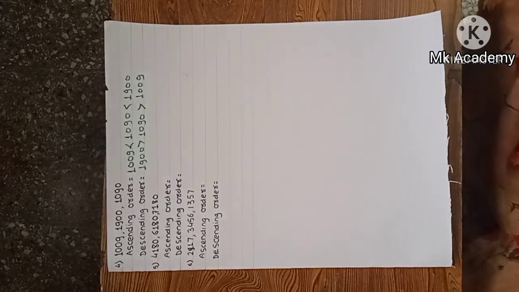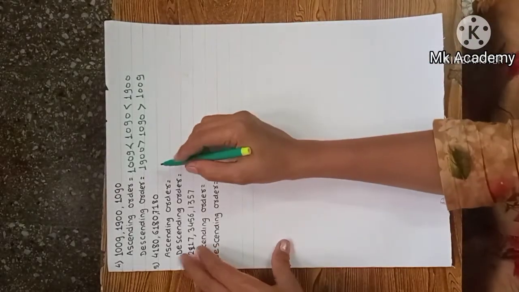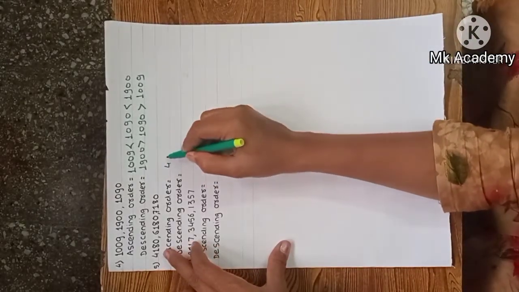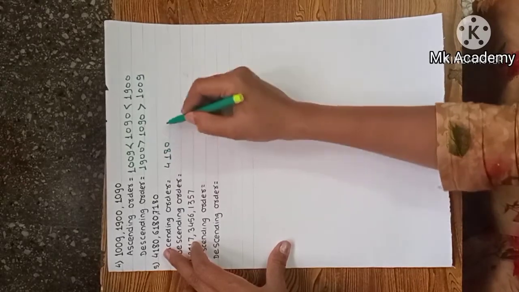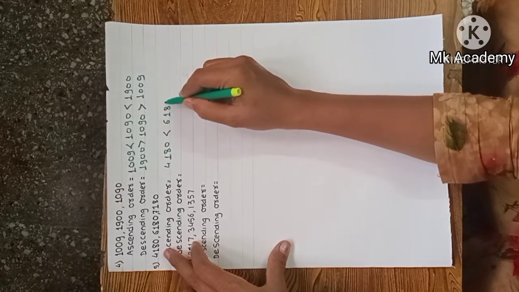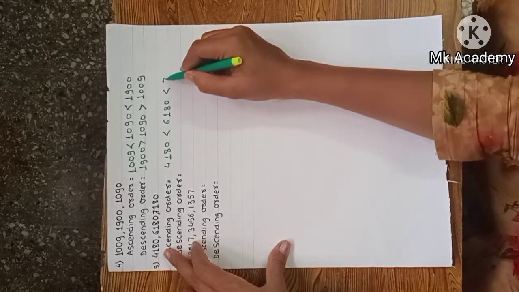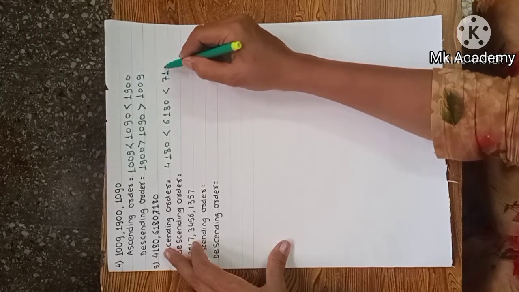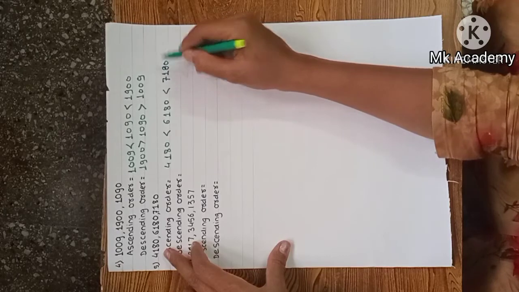Next example, 4180, 6180, 7180. In ascending order, smallest number first, 4180, 6,180, 7,180.